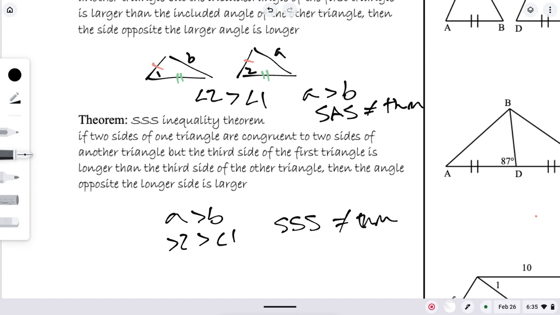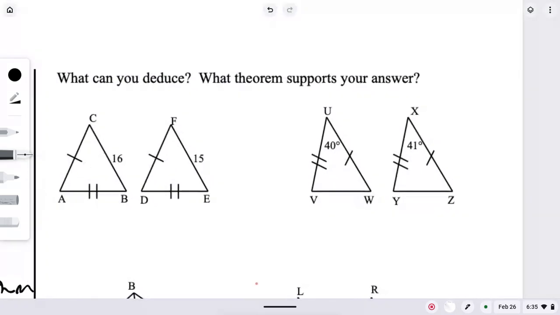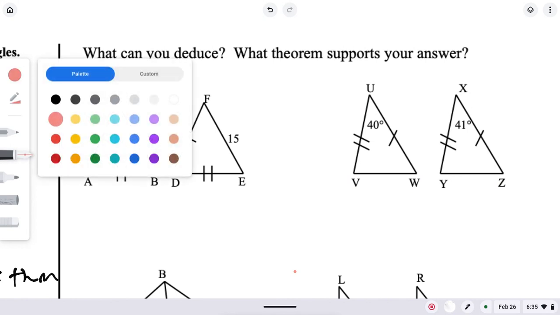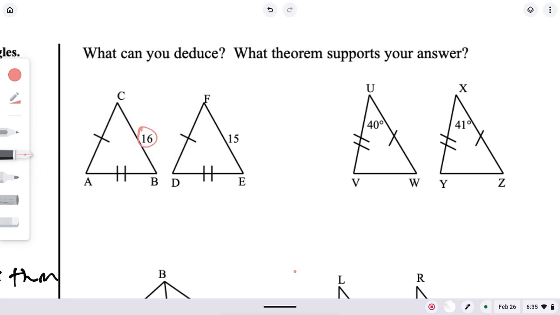So I have some models to show you in class if that's not really making sense. But otherwise, that's how this works. You just jump into some examples. What can you deduce? What theorem supports your answer? So if I'm looking at this first triangle here, I'm given this side 15 and 16, and 16 is clearly bigger than 15.